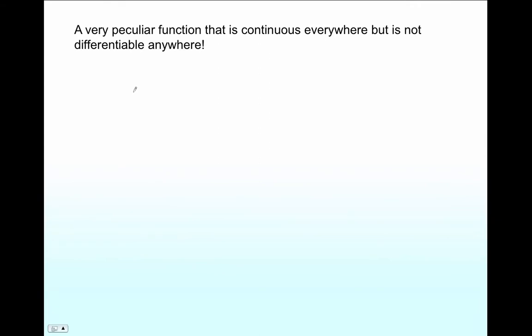Most functions that one encounters in physics are continuous, and they're also differentiable. But a function like the one we just saw is continuous all over here and all over here, but it is not differentiable over here. Well, let's take another function which is like this. It's continuous everywhere. Certainly there's no break in the function, but it's not differentiable here, and it's not differentiable here.